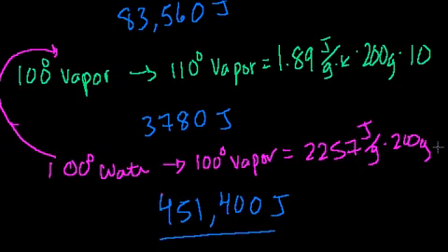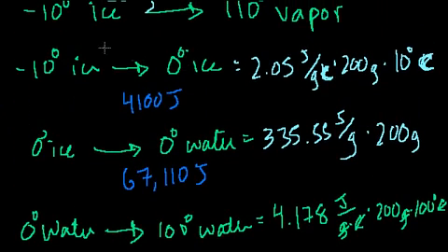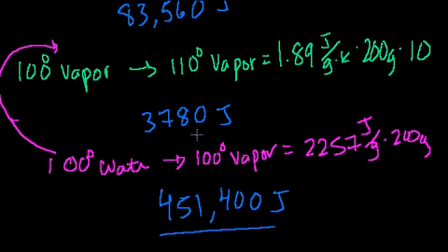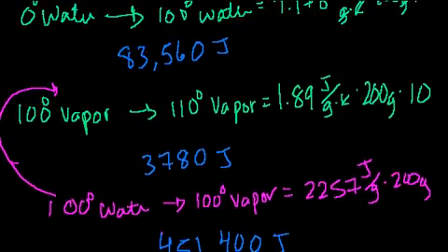So to know the total amount of energy, the total amount of heat that we had to put in the system to go from minus 10-degree ice all the way to 110-degree vapor, we just add up all of the energies for all of these steps. So let's see. And I'll do them in order this time.